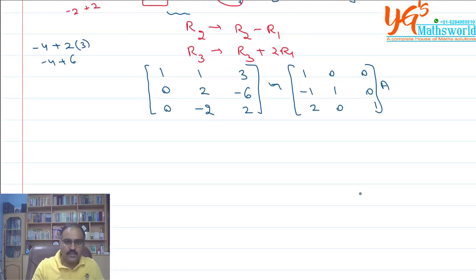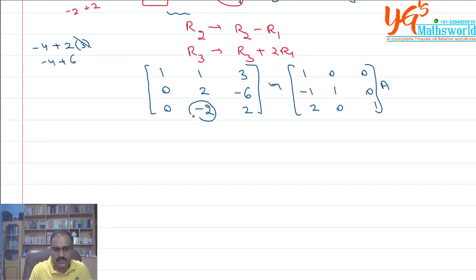Okay, now the next step is to reduce this minus 2 to 0. So I apply R3 goes to R3 plus R2. So what do we get now? In this, 1, 1 and 3 will remain as it is. R2 will remain as it is: 0, 2 and minus 6.